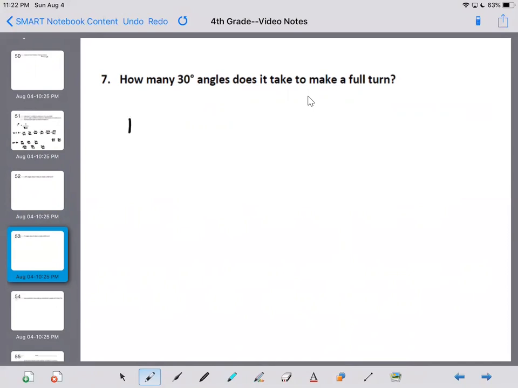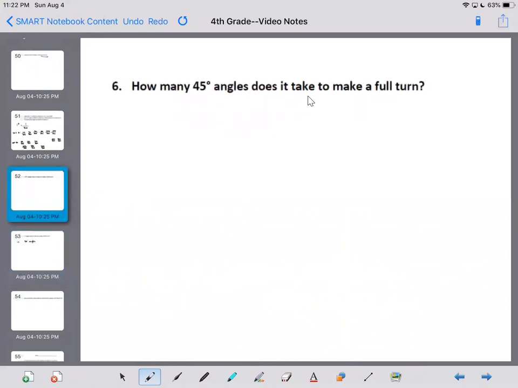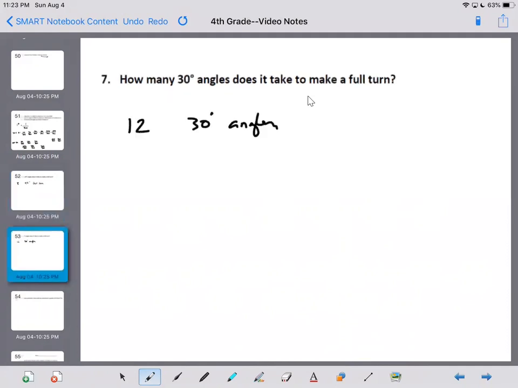And that would be 12 30-degree angles. This one says how many 45-degree angles? And that would be 8 45-degree angles for the full turn. And then the 12 30-degree angles.